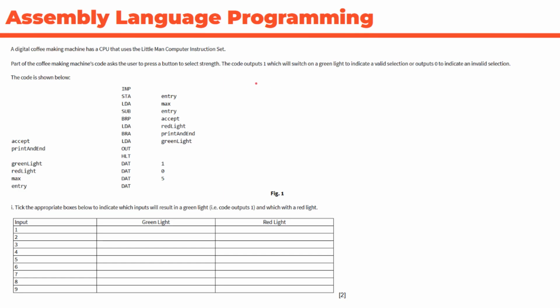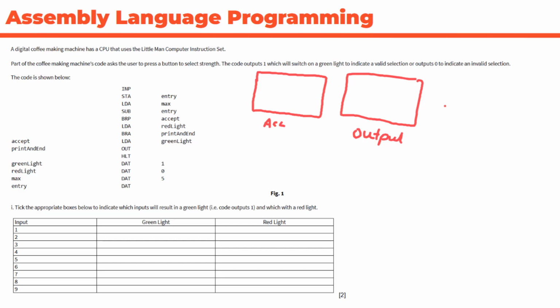So I'm going to work out first. I've got an accumulator. I'll write that in here. ACC. I've got an output, or I will have, hopefully. And I've got STA entry, so I'm looking down at the bottom here. I've got green light, red light, max, and entry. Yeah, that's right. So green light, red light.